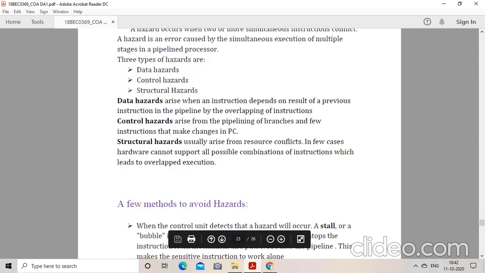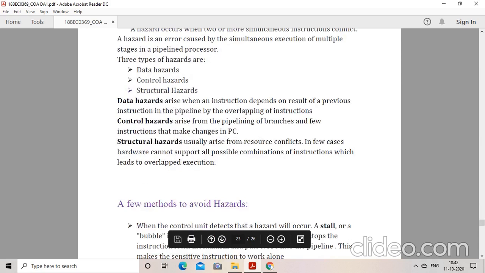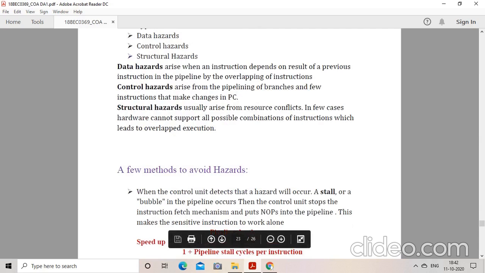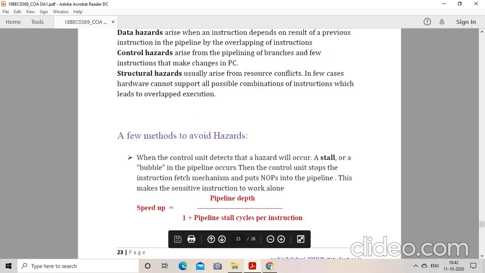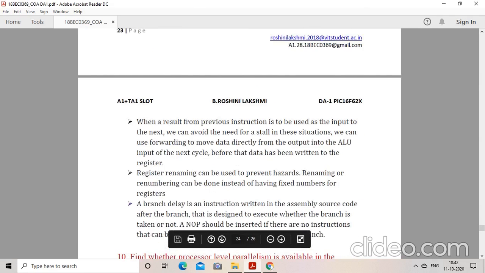And now, in order to avoid these hazards, a few methods can be followed. A stall or a bubble in the pipeline: the control unit stops the instruction fetch mechanism and puts NOPs into the pipeline. This makes a sensitive instruction work alone. Register renaming can be done to prevent hazards.